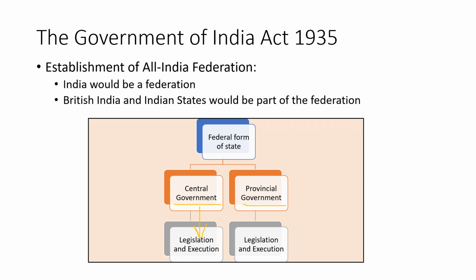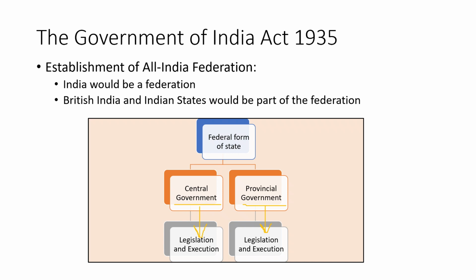And the provincial government's role is doing the legislation and execution of the subjects that are given to provinces only. For example, students, health and education are the subjects of a province. A province can handle these subjects.